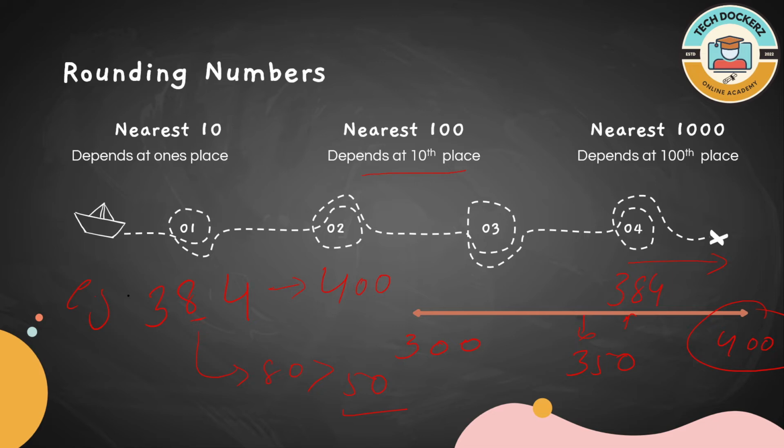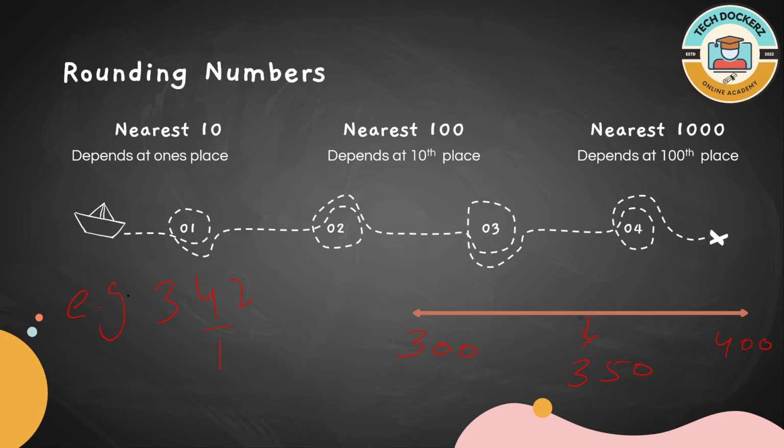All right. If the value is less than 50, what will happen? We will understand with one more example. Let's clear the value. Let's take example 342. The 342 falls between two hundred values, which are 300 and 400. The halfway is 350.